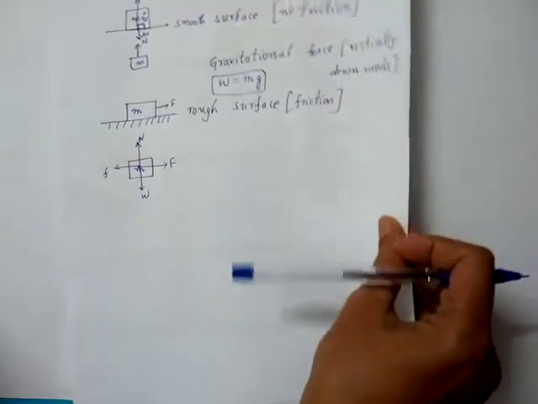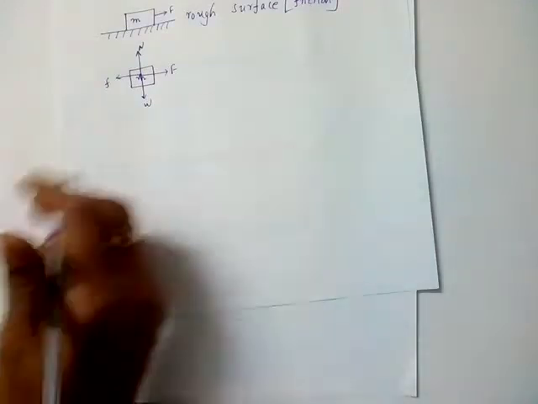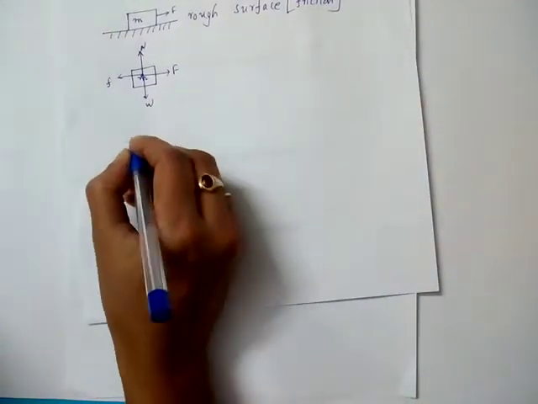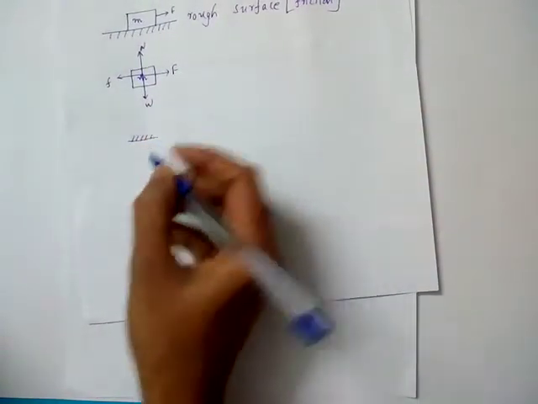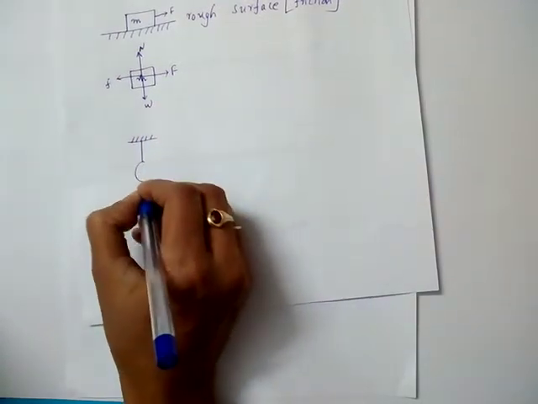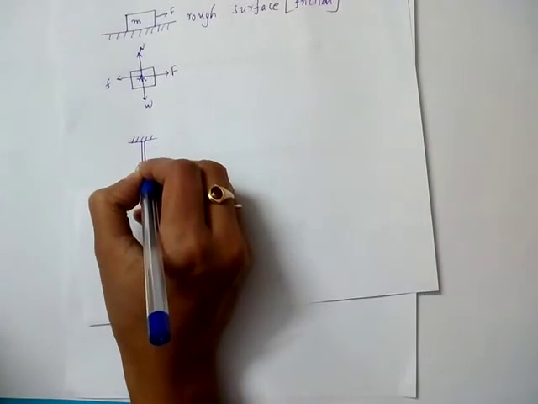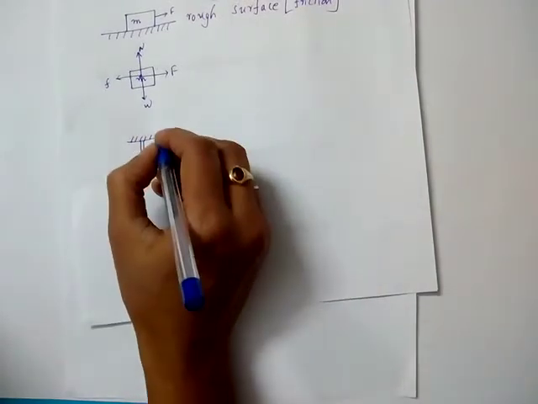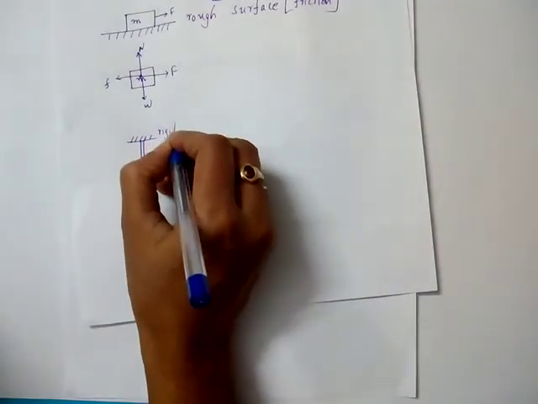Okay, like this you will have pulleys question. So, let us take pulleys. I am just considering one pulley which is fixed on a rigid support, means the support is not moving.